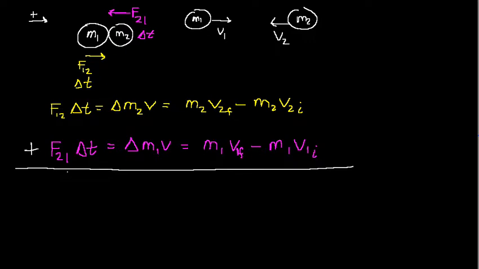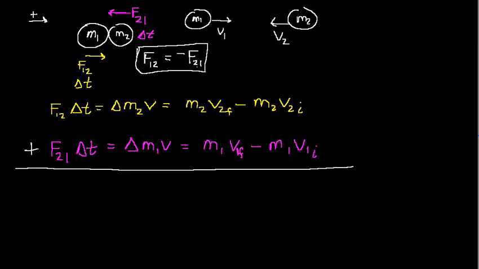And we can notice that by Newton's third law, the force of 1 on 2 is equal to the force of 2 on 1, but in the opposite direction. If these are magnitudes, one will be in the opposite direction. So the force of 1 on 2 is equal to the force of 2 on 1.